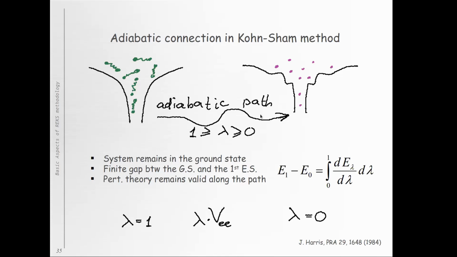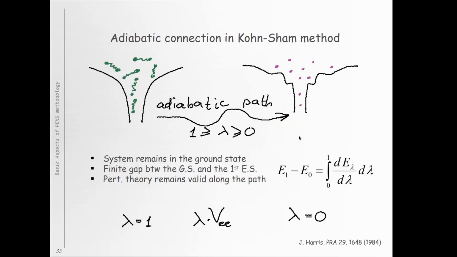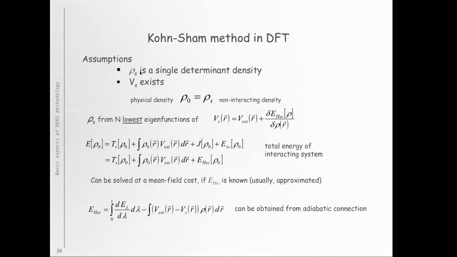In Kohn-Sham methodology, we assume that the density of the non-interacting system, non-interacting quasi-particles, quasi-electrons moving in some kind of modified external potential, the Kohn-Sham potential, is given by a single determinant, and that this Kohn-Sham potential exists.